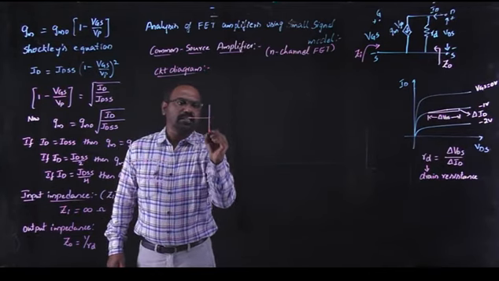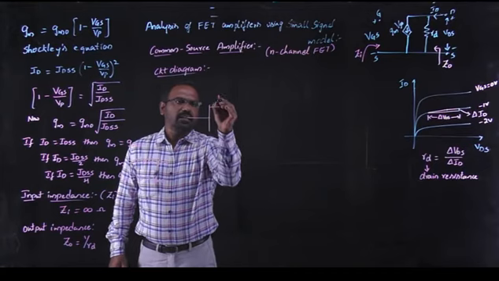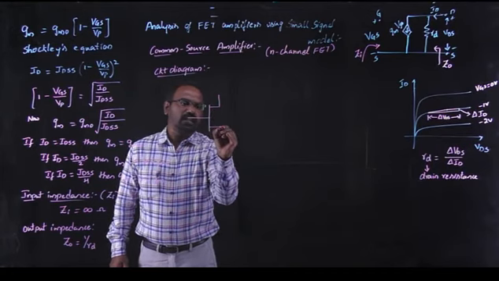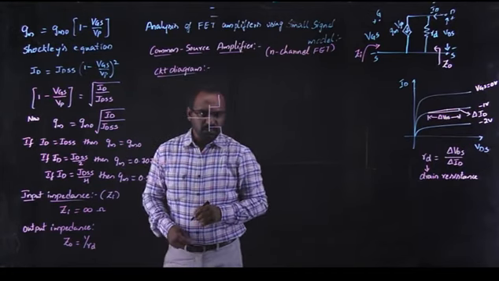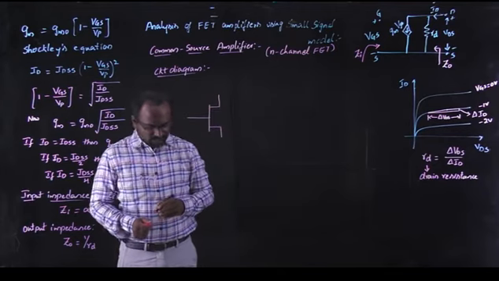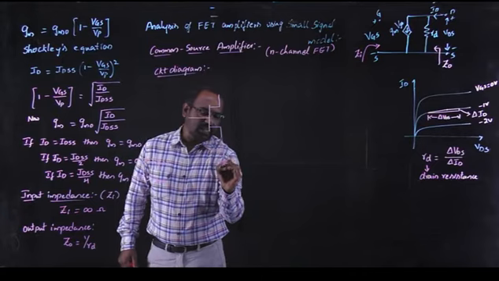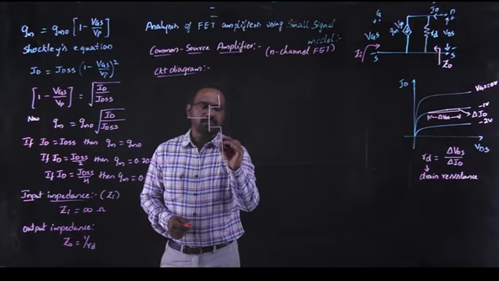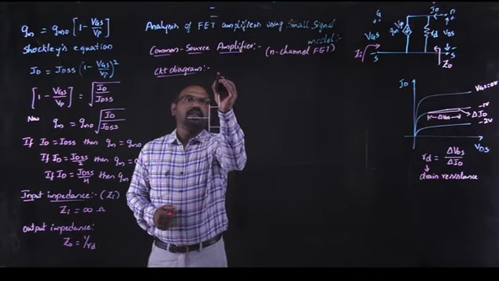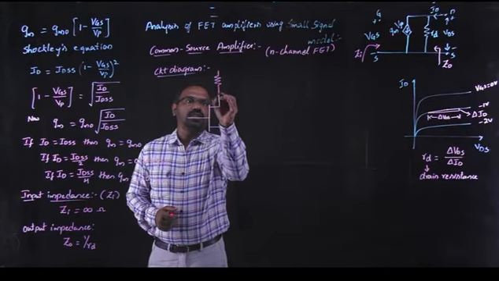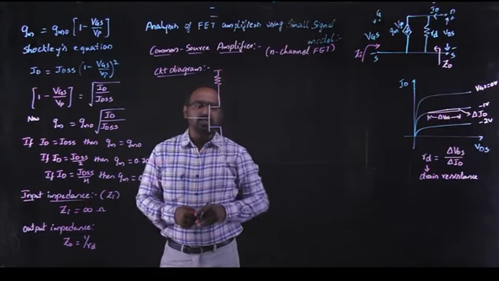So it contains an N channel FET. Right. I am using fixed bias configuration. So the source is directly connected to the ground terminal, and the drain terminal is connected to VDD using RD.